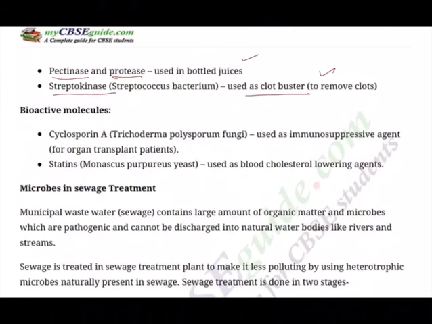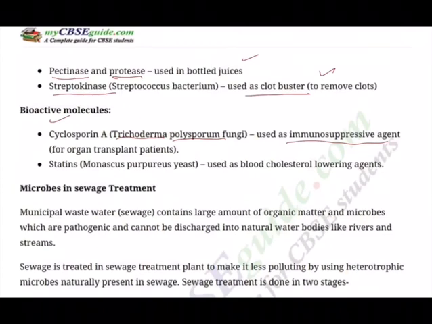And then bioactive molecules, very important. There is a very famous one, cyclosporin A. It's obtained from a fungus, Trichoderma polysporum. It is used as an immunosuppressive agent. Whenever there is organ transplantation, for example kidney or liver transplantation, the host body will try to reject the organ donated by the donor, because the host body thinks something dangerous is coming inside it.